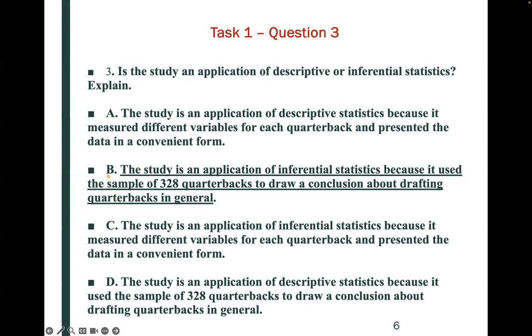The correct answer is B, where the study is an application of inferential statistics because it used the sample of 328 quarterbacks to draw a conclusion about drafting quarterbacks in general.